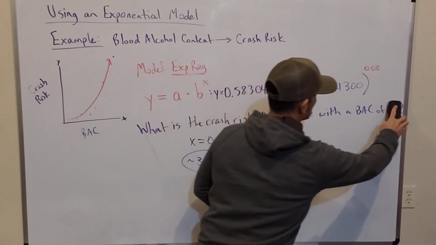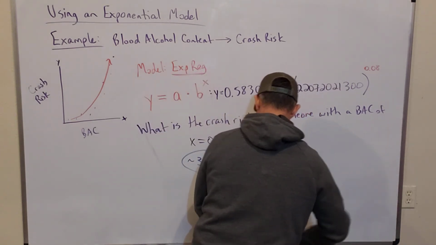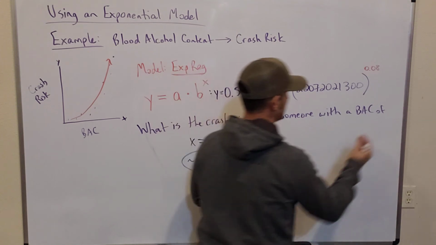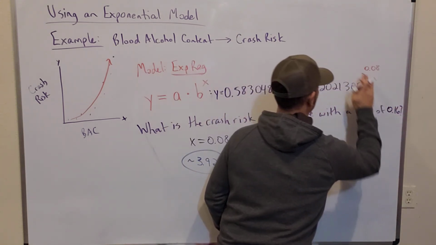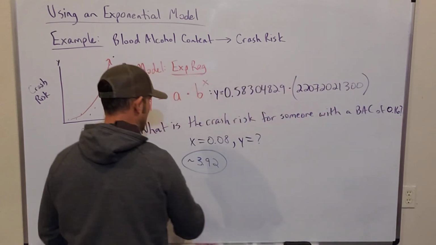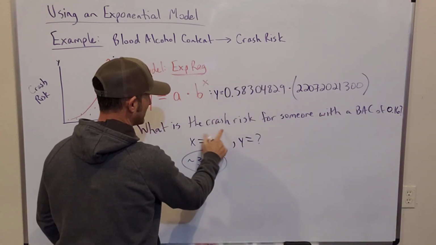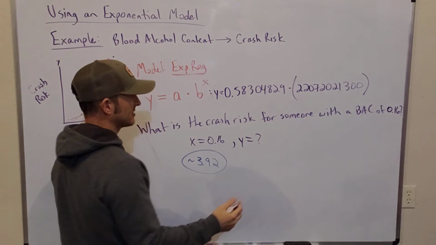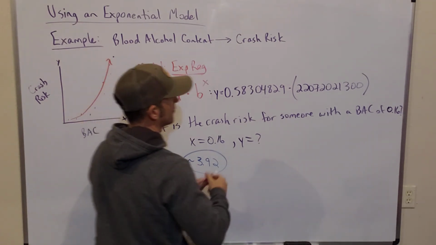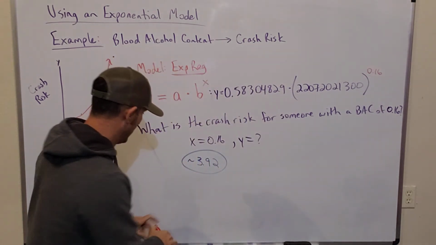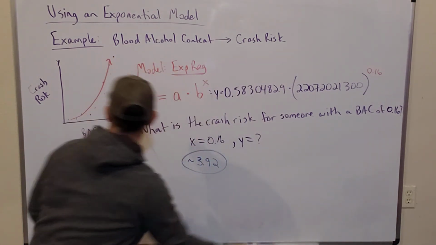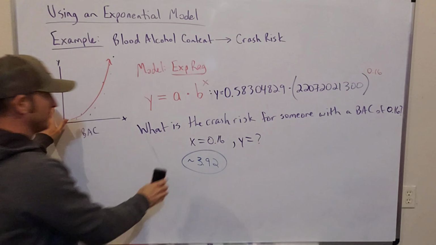What if someone's blood alcohol content were 0.16? What if it was twice as much? If it were 0.16, now I would plug in 0.16 for X and recalculate my crash risk, my Y value.